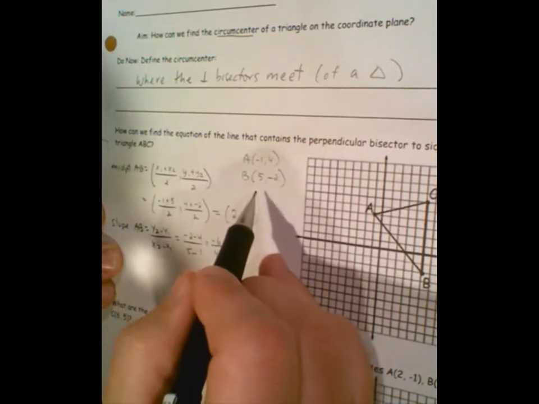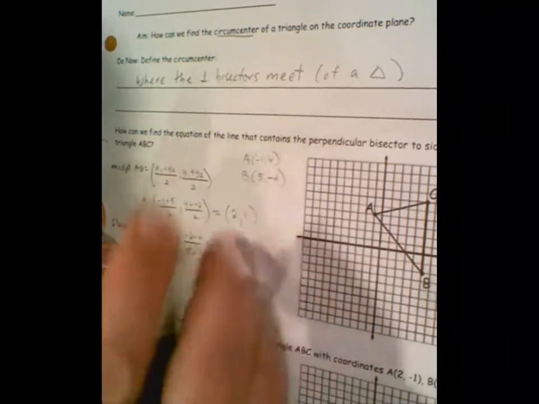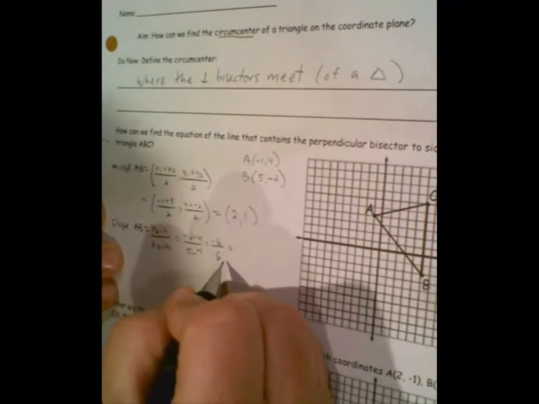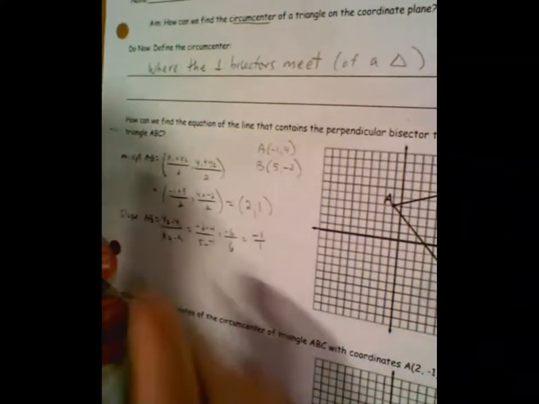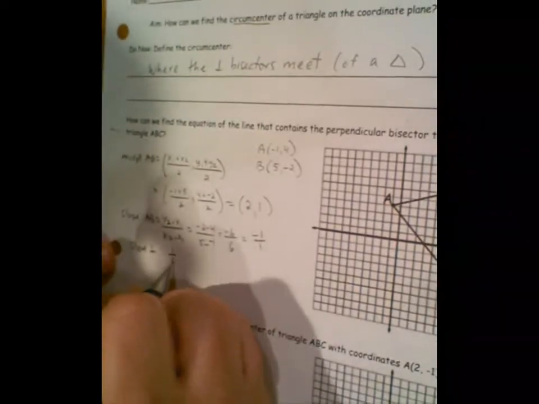It should be -2 minus 4 over 5 minus -1, excuse me, sorry about that, which is -6 over 6, which is equal to -1 over 1. So therefore, the slope of the perpendicular to AB would be +1 over 1.